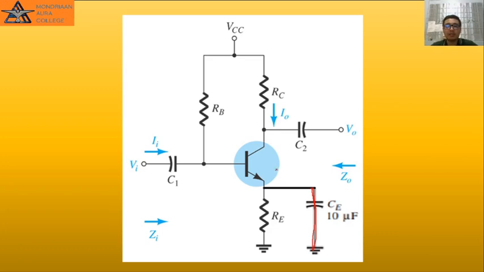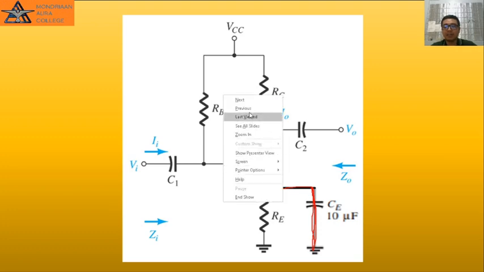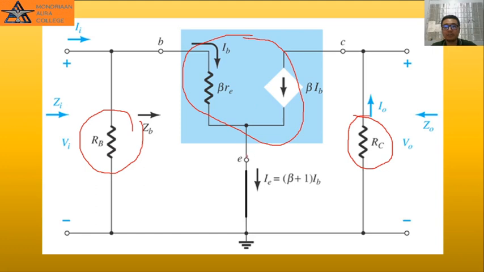So kapag tumaas ang frequency, nagiging mababang impedance ang ating reactance, nagiging wire na lang siya. In effect, nasa-short out itong ating R sub E, because of the shorting out of the bypass capacitor. Kaya pagdating dito sa ating R sub E model, wala na ngayon yung ating R sub E. Short circuit na lang ang makikita natin.